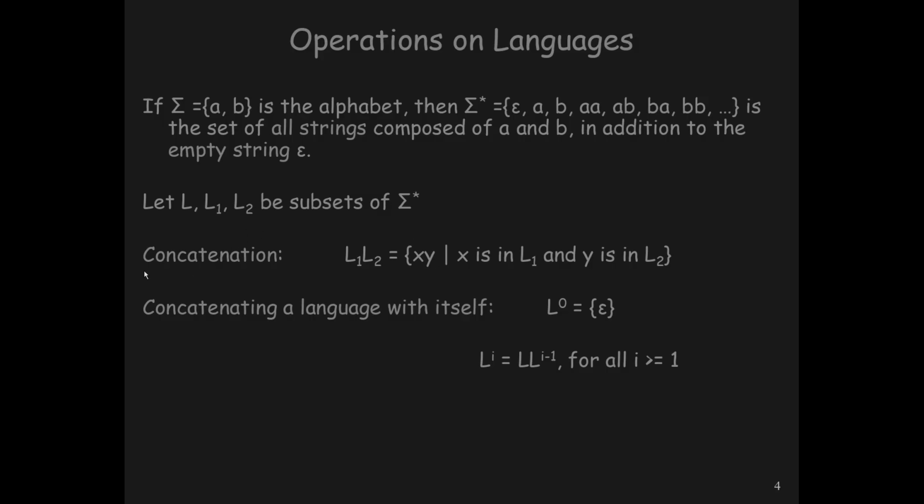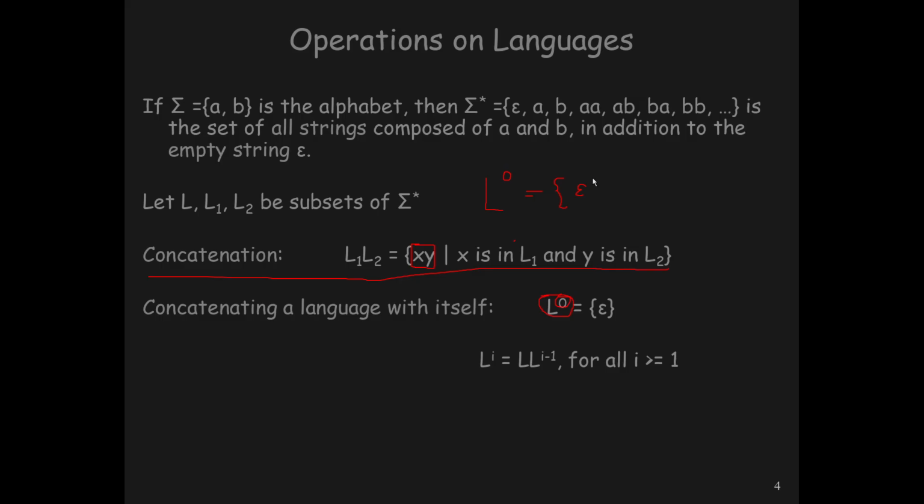Now, we just learned concatenation of languages. So all concatenations of two strings where the first string is from the first language and the second string is from the second language, right? Now, what about concatenating a language with itself? This has a special notation which is similar to powers. L0 is the language containing only the empty string.